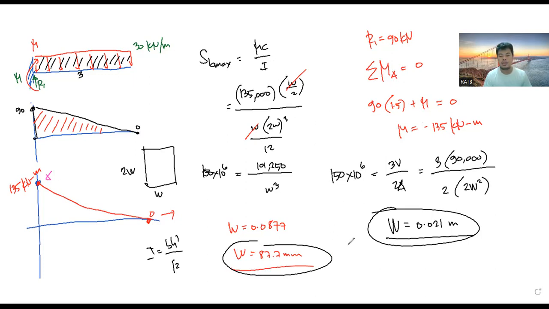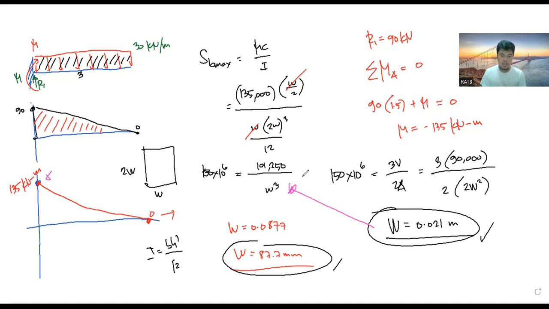Out from this one, you have to consider this one and this one to determine which one is correct. So whether it's 87.7 or 0.021, all you need to do is substitute it in this equation.